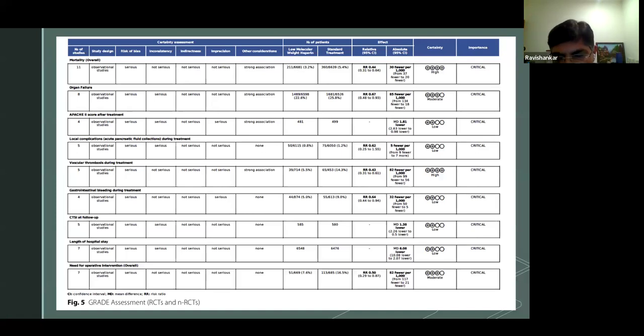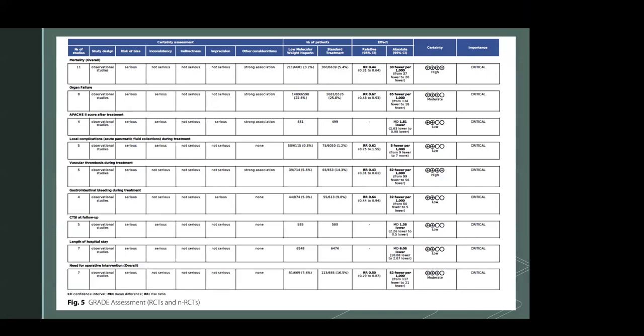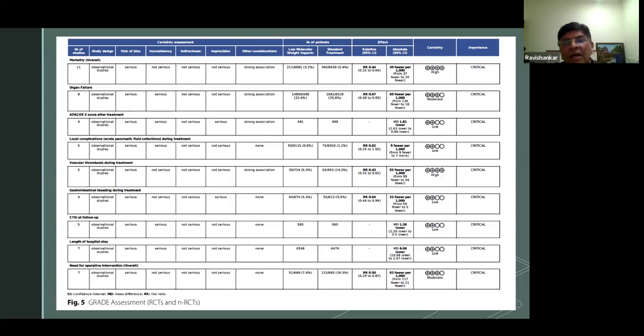Have you all understood? Are there any questions or doubts about this chart? Yes, sir. Understood. You can see there, high level of certainty and recommendation for mortality, moderate for organ failure, high for venous thrombosis, and moderate for the need for surgical, radiological or endoscopic intervention.